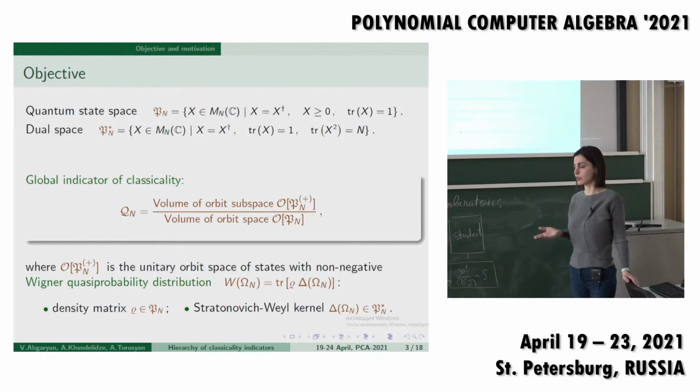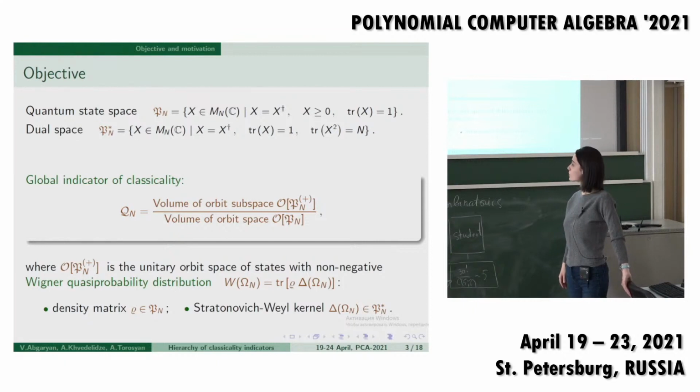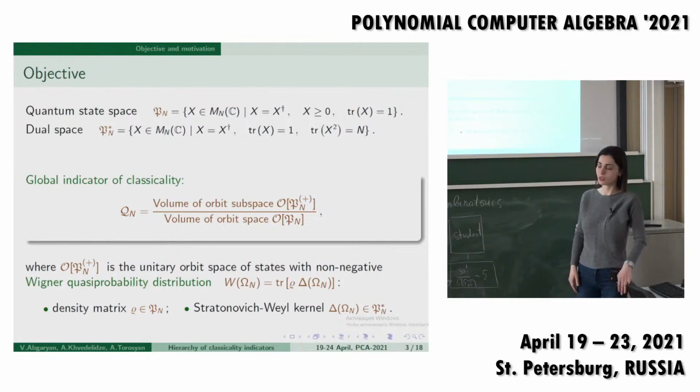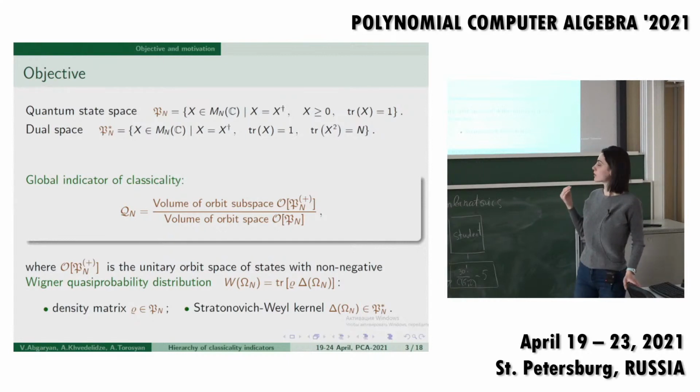For us it's an indication of quantumness, so we take that property as a basis for investigating quantumness. For those purposes we introduced the so-called global indicator of classicality, which is defined as follows. We consider the orbit space of the state space where the Wigner function is positive, and calculate the relative volume.